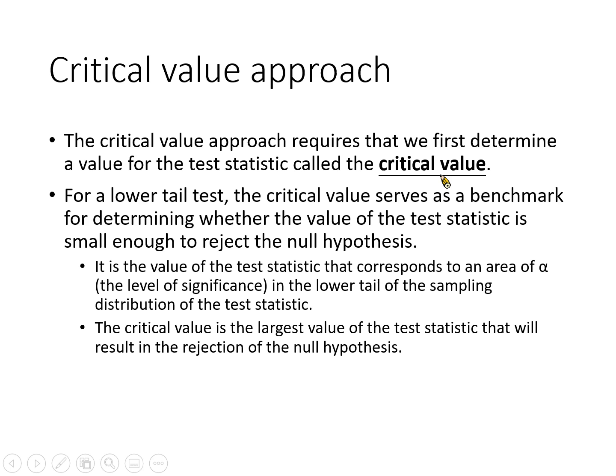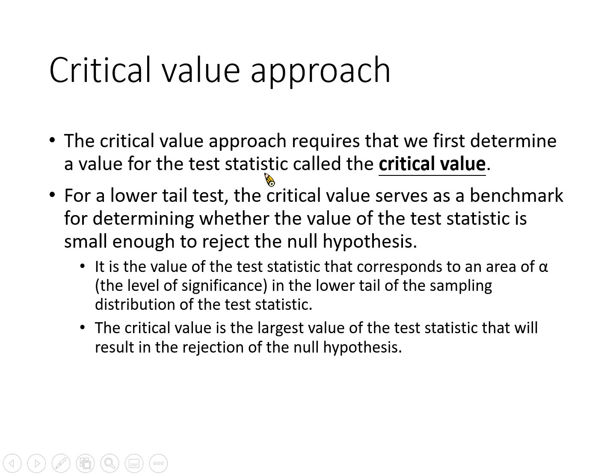So here you will find no matter whether you choose the p-value approach or the critical value approach, you need to calculate the value of the test statistic from your sample data.